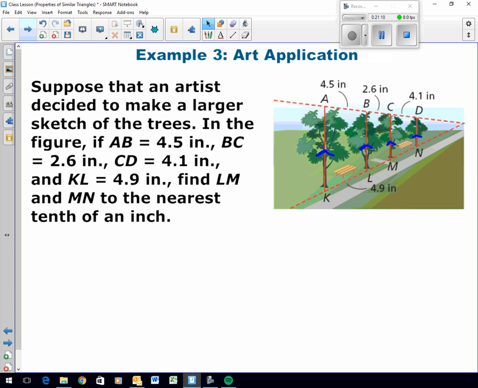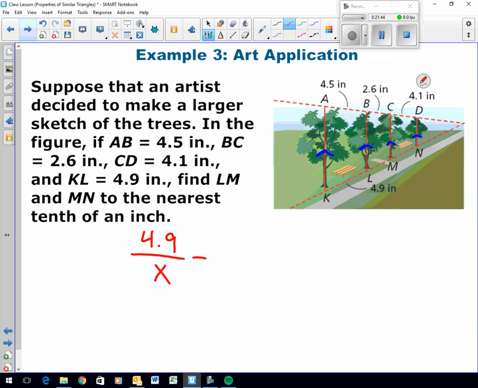Correct? Okay. Now check this out. Remember, you're going to be tempted to say, okay, this over this, this over this, this over this. That's wrong. Go the other way with it. A to L over L to M is proportional to A to B over B to C. Okay? So K to L is 4.9 over L to M, which is what we're looking for.